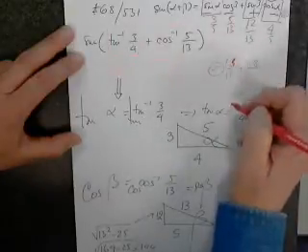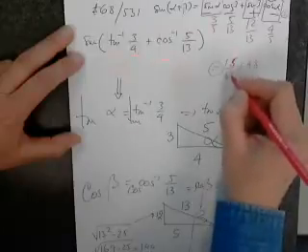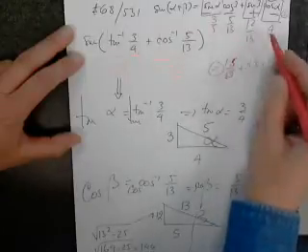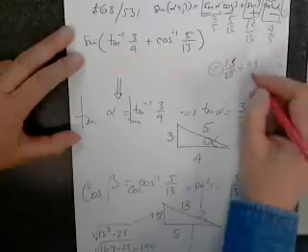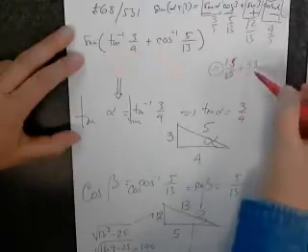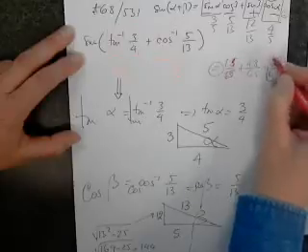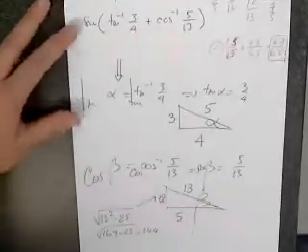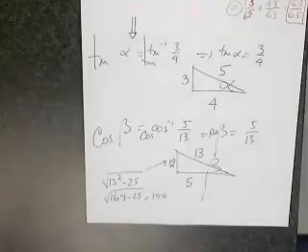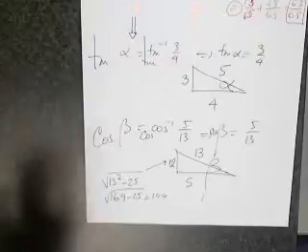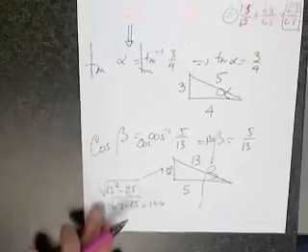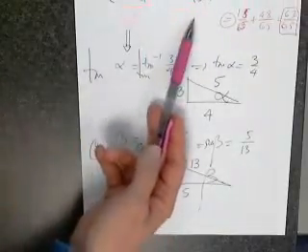So 15 over 65 plus 48 over 65. So I get 63 over 65. Yeah. Okay. Problem 70 will be the same thing, it's just that in 70 you don't have numbers.